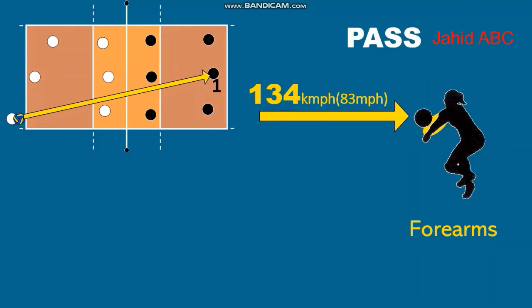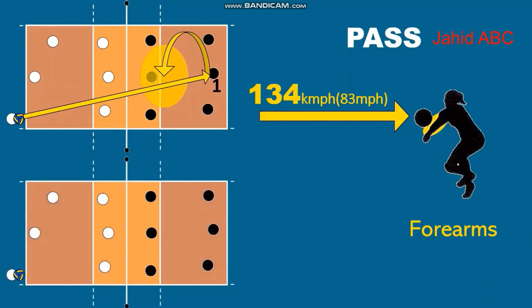So you need to absorb the momentum of the ball, so you use the muscles of your forearms to take control of the ball, and your intention with the first shot is to put the ball in the center of your side of the court. Even if anyone receives the serve, the first shot is usually a pass, and the intention is to put the ball somewhere in the middle of the court towards the net.